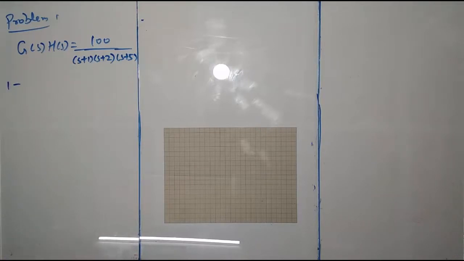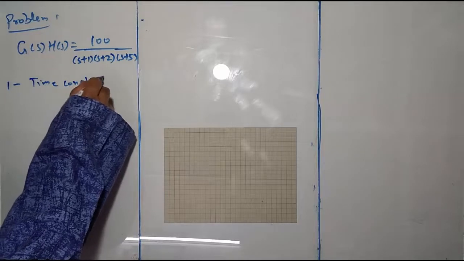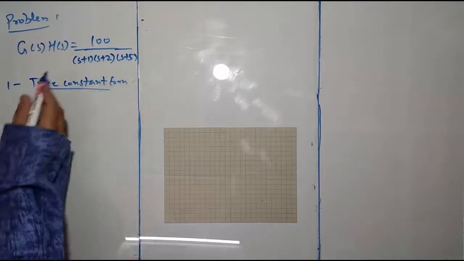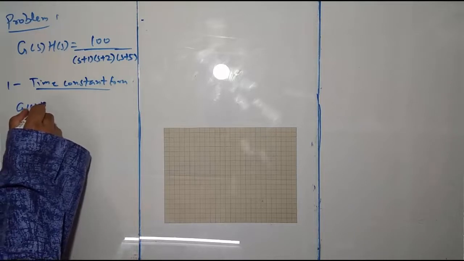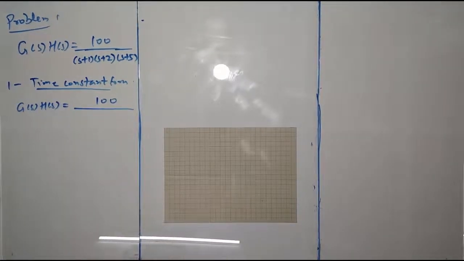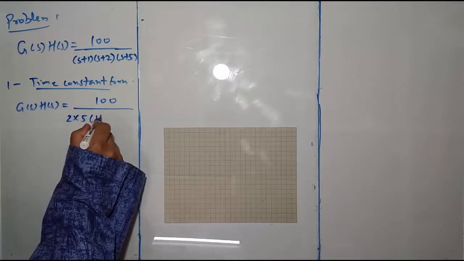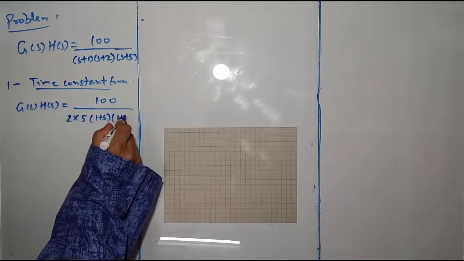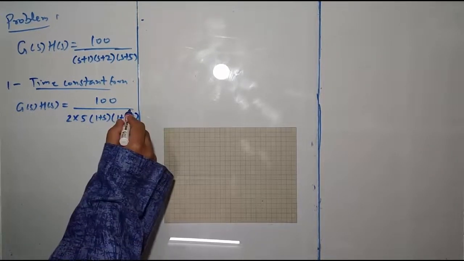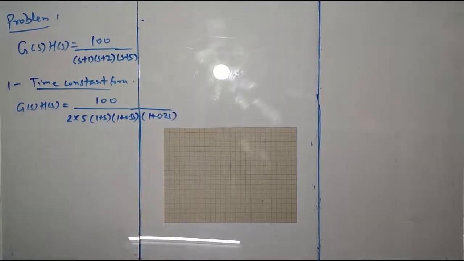Step number 1 says to ensure that this function is given in time constant form, which means you simply take out the constants inside the brackets added with s. So we can write this as 100/(2 x 5) over (1+s)(1+0.5s)(1+0.2s). This is time constant form.